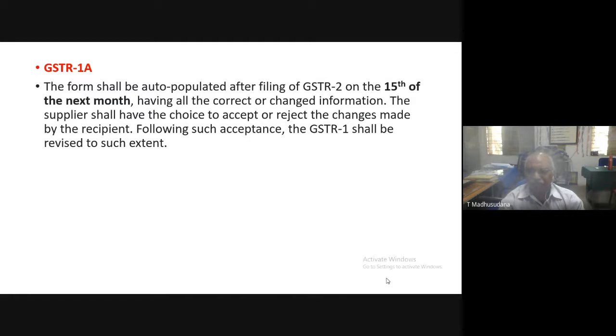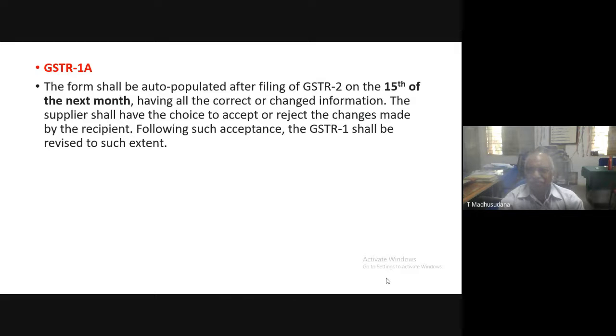The supplier shall have the choice to accept or reject the changes made by the recipient. Following such acceptance, the GSTR 1 shall be revised to such extent. So GSTR 1A is also an auto-populated form. It is to be submitted by 15th of next month.